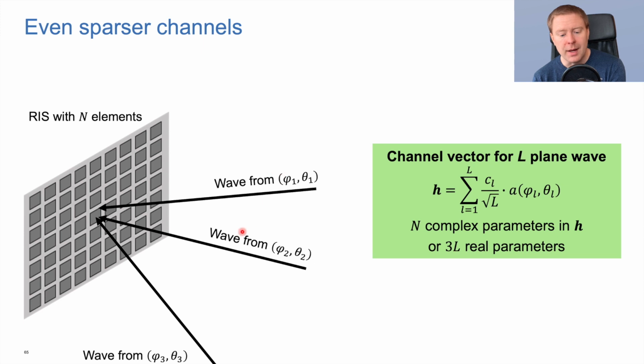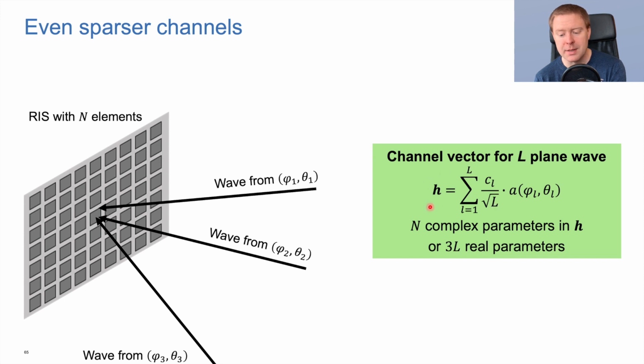So if we have L different paths coming into this array, here we have the actual channel model that we could consider, where H is created by having L different plane waves. Each plane wave is characterized by two different angles and one element here that is describing the amplitude of the signal, for example.